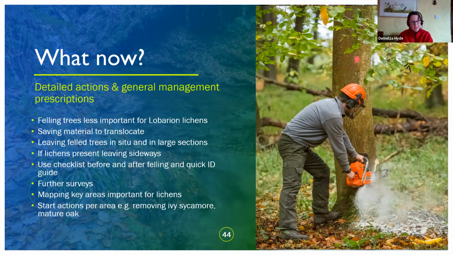When we fell any trees, we check them before and after and save any material that we find that we can translocate. And we're leaving those felled trees in situ and leaving them in whole sections if need be, or as large sections as possible, whilst trying to keep the site safe and also tidy.